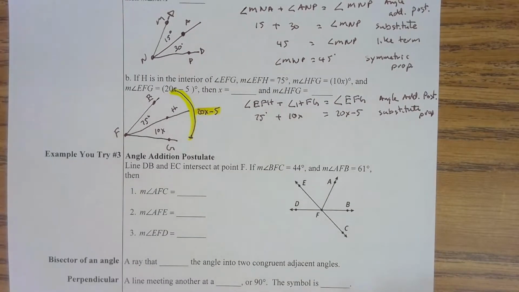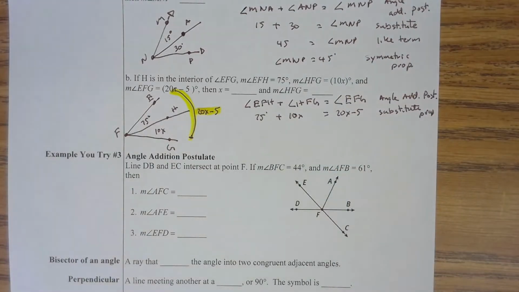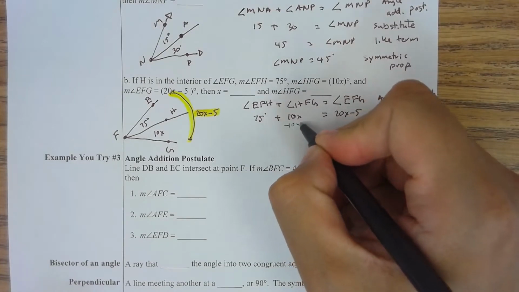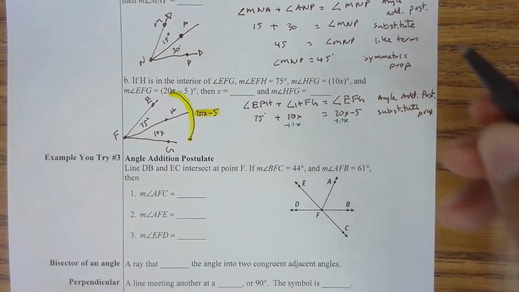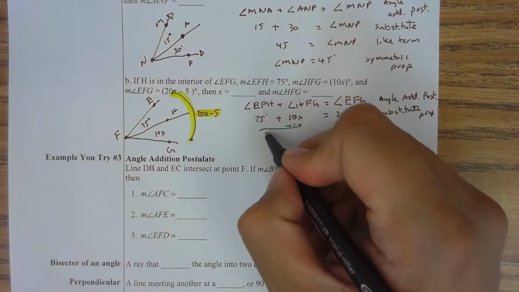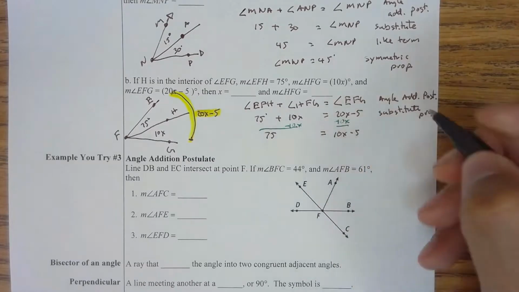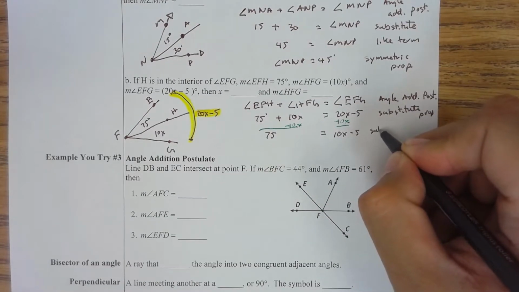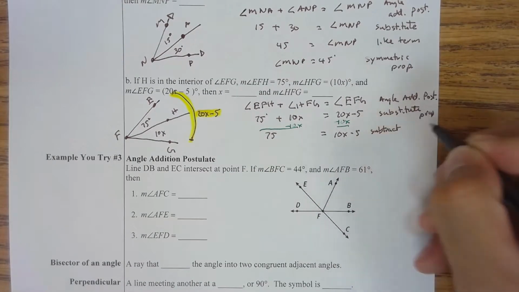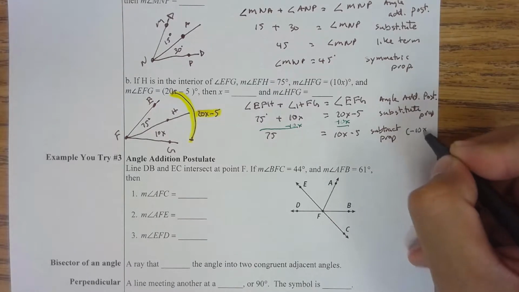Let's solve it. We have a variable on both sides here, so I'm going to subtract 10x from both sides. Use a different color pencil if you could. That gave me 75 equals 10x minus 5. So here we did the subtraction property, minus 10x on both sides.